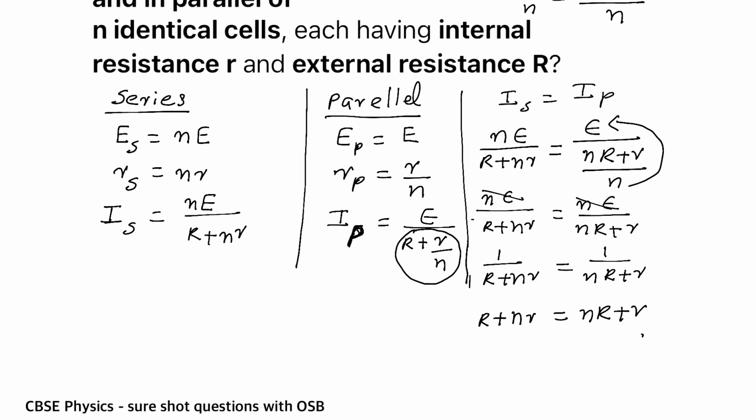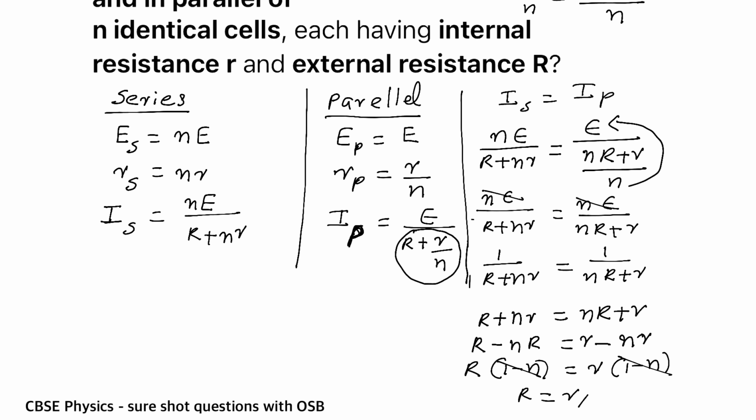Take capital R to the LHS, so R minus Nr, and take both small r to the RHS, so small r minus Nr. Now capital R outside, 1 minus N. Small r outside, 1 minus N. Cancel 1 minus N. So what you are getting? R is equal to small r.